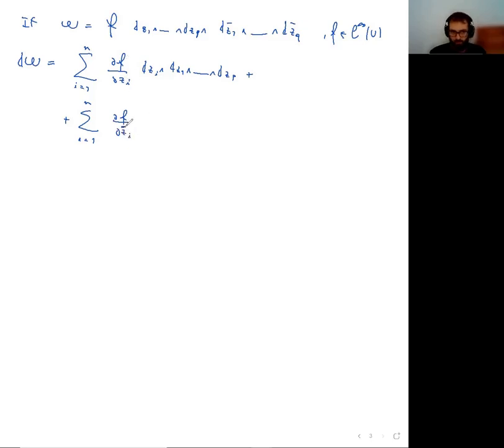This is just local coordinates, so these derivatives are really the standard derivatives in Cn. And then you have dzi bar wedge dz1 wedge ... wedge dzq. This is not the definition of the differential; you would actually have to do this with x and y, but you can prove that this is just a linear change of coordinates. So it turns out that this is the same as the usual differential.